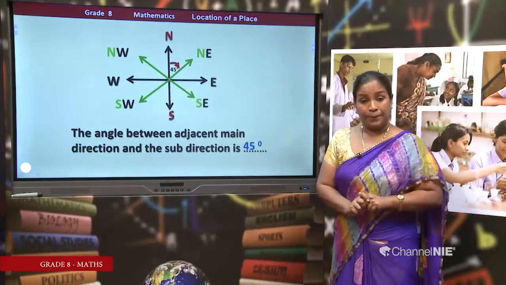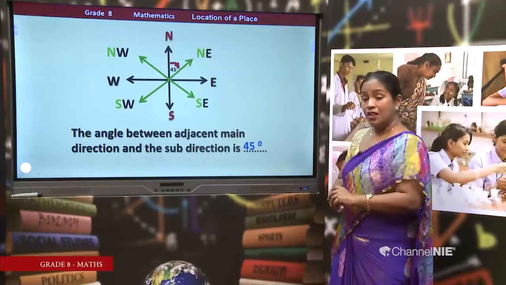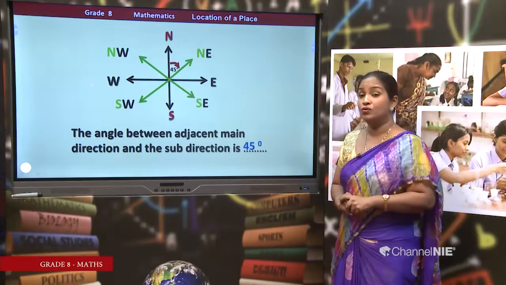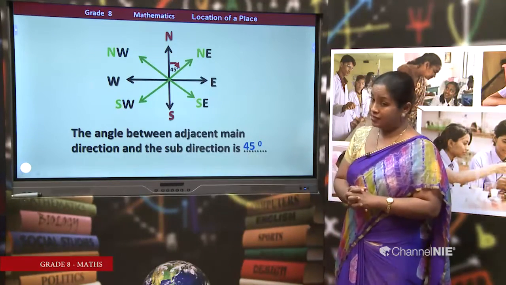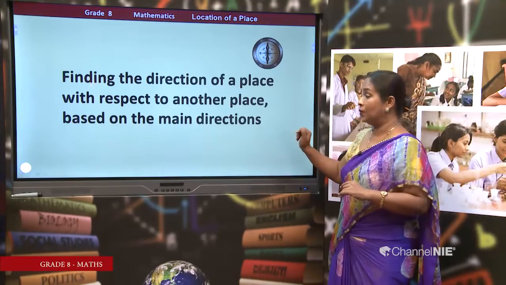Now then, I hope you are okay with the main directions, subdirections, the angle between adjacent main directions and the angle between an adjacent main direction and a subdirection. Then we have to move to the next part of this lesson. We will see that. Okay.